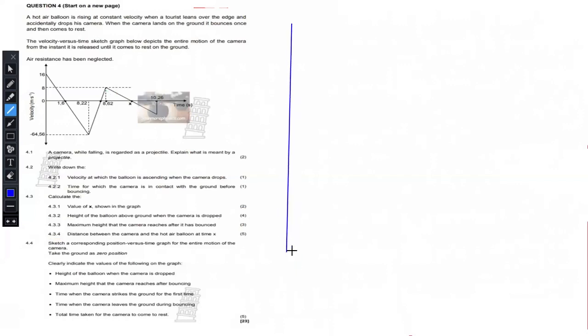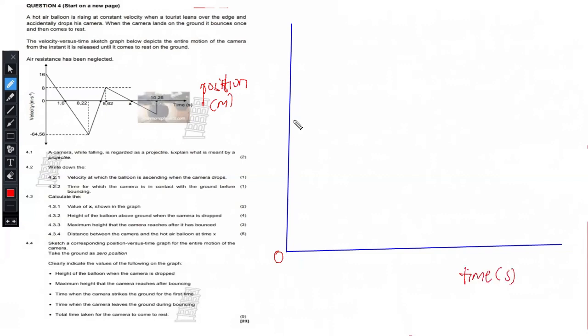So there, we are drawing a position versus time graph, and then we are taking the ground as the reference, right? So as the 0 level. So this is the ground here. And then basically I said it is very simple to draw a position versus time because you just simply mimic the trajectory of the projectile, right? So your time in seconds. And then what happened?